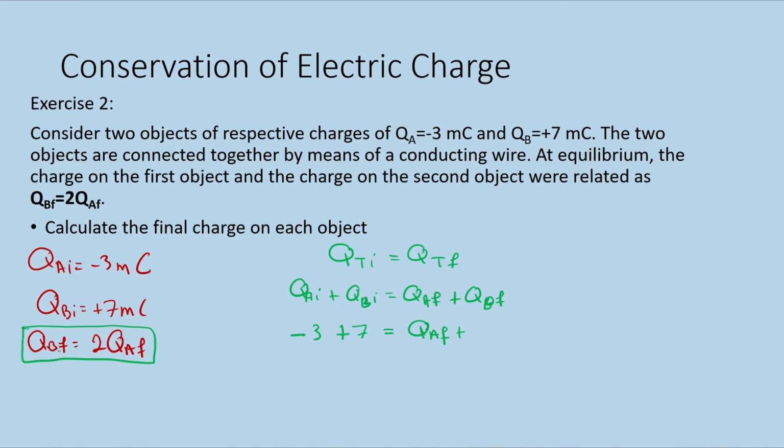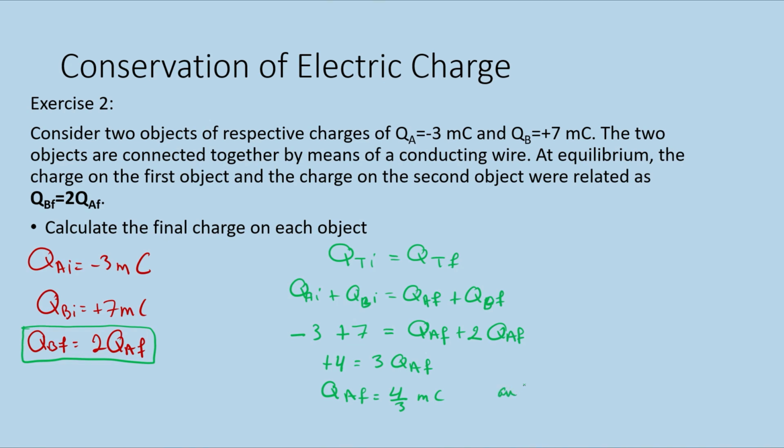So instead of a QB final, I can write 2QA final. So -3 plus 7, it results in +4 is equal to 3QA final. Then QA final is equal to 4/3 millicoulombs.